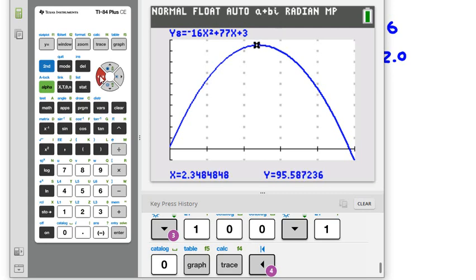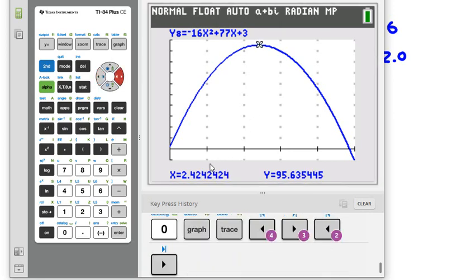So we're kind of topped out about right here. It looks like, okay, we're going lower. This is the highest we see here, and it looks like 2.4 is as close as we're going to get. So 2.4 based on tracing would be right.